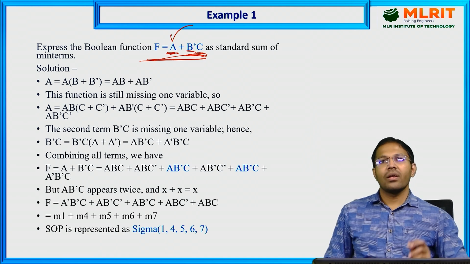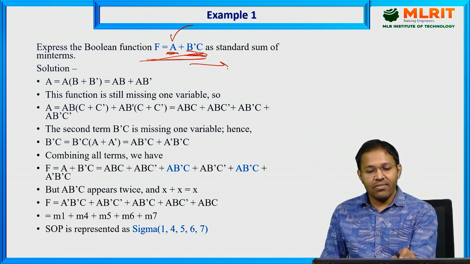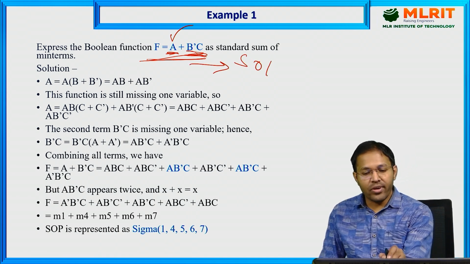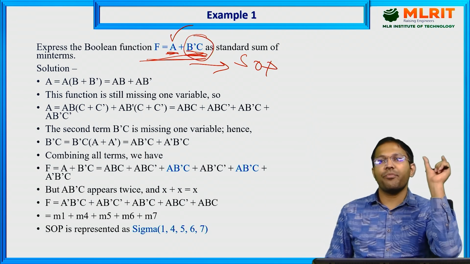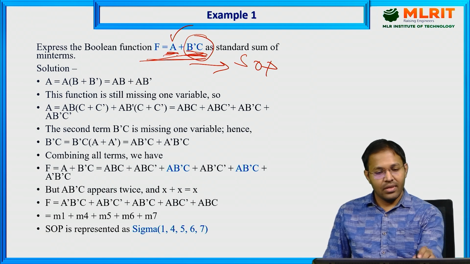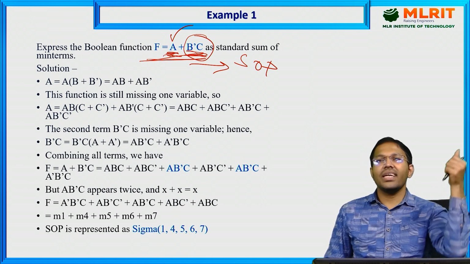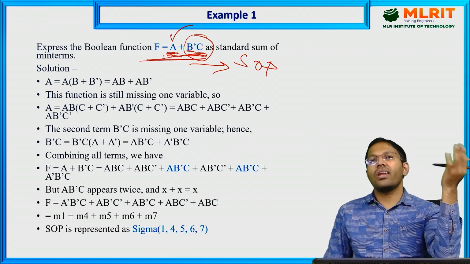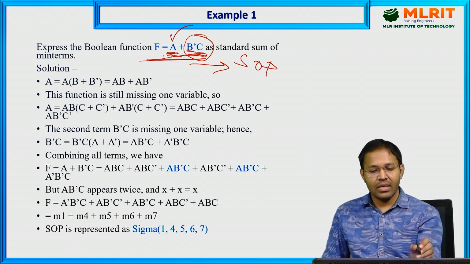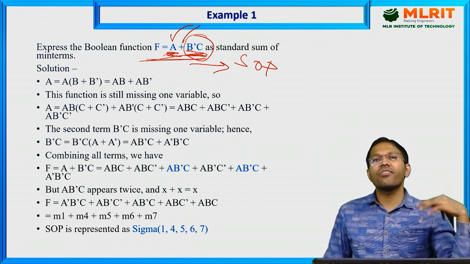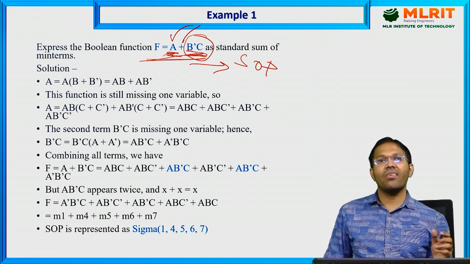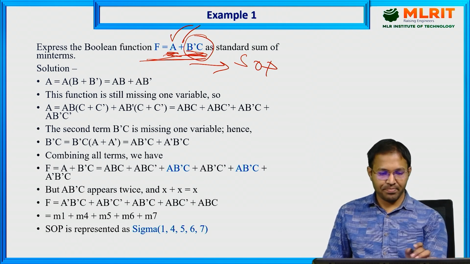So, this is now a sum of products. B complement into C, it's a product term. A, a single variable, you can also call it a product term. Plus stands for sum of product. Hence we have SOP, sum of product.